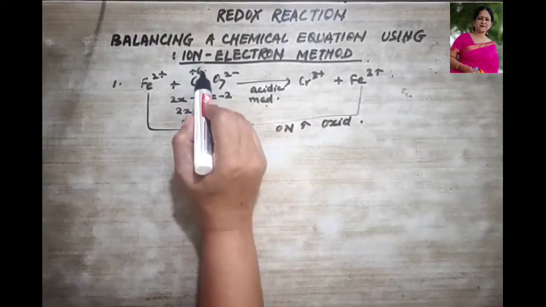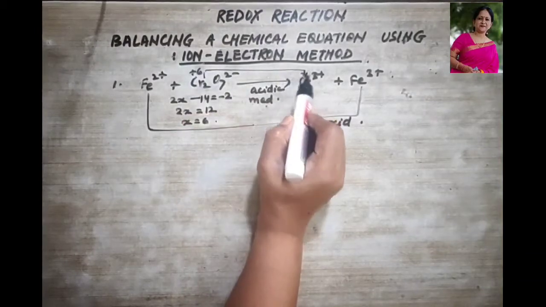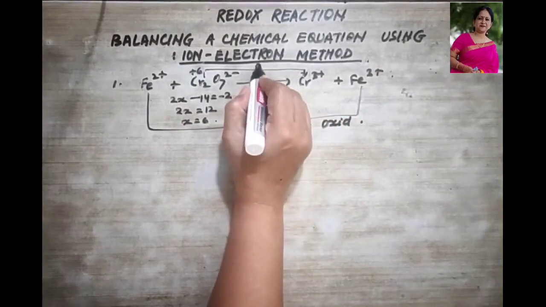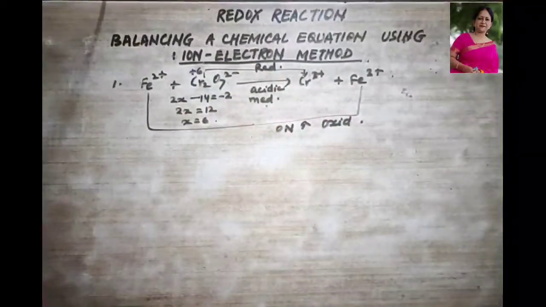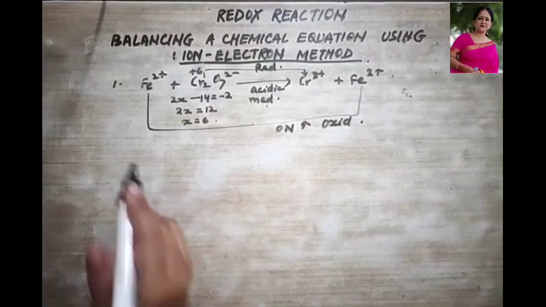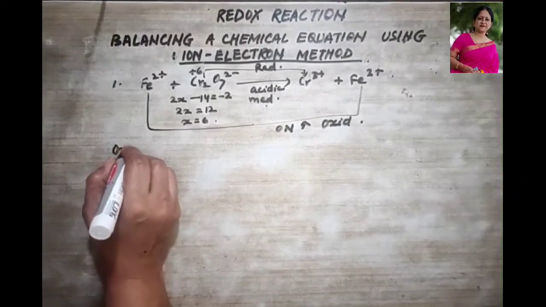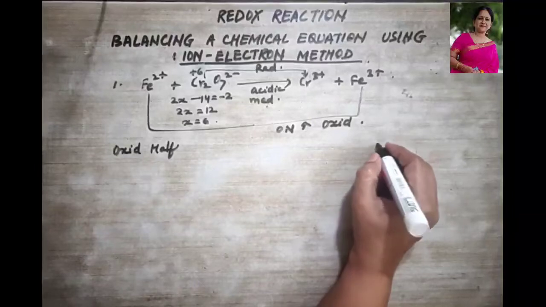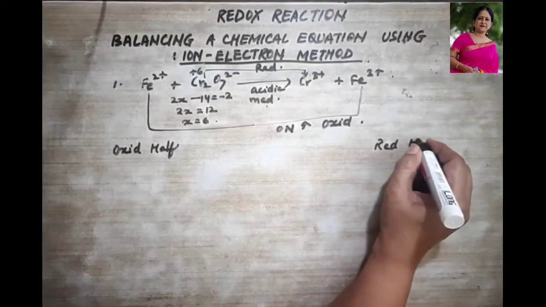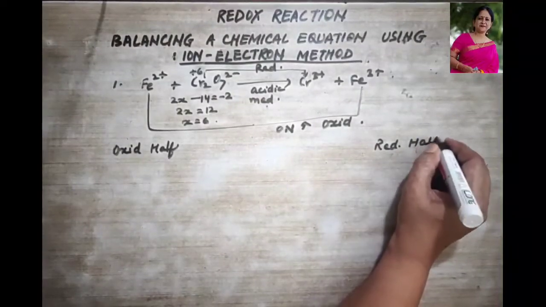And for chromium, the number is decreasing, so this shows reduction. So we have divided the equation into two halves. This is your oxidation half, and this will be your reduction half.